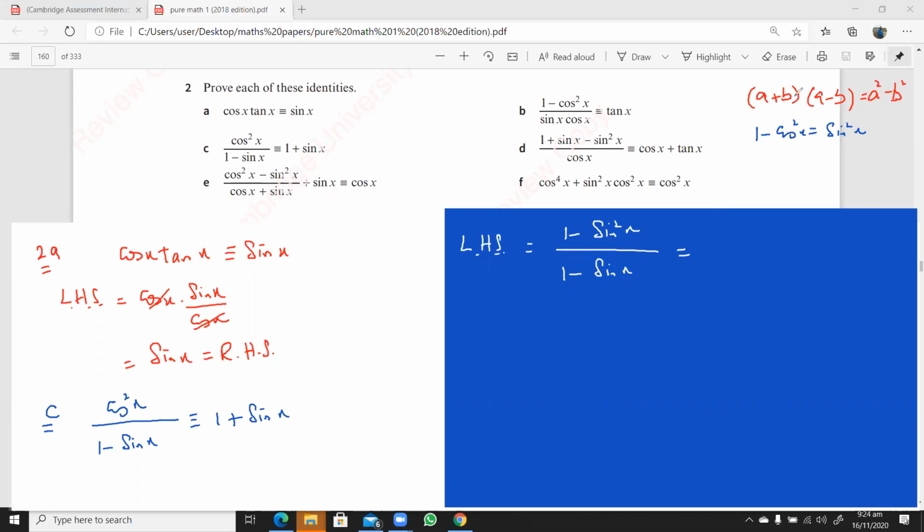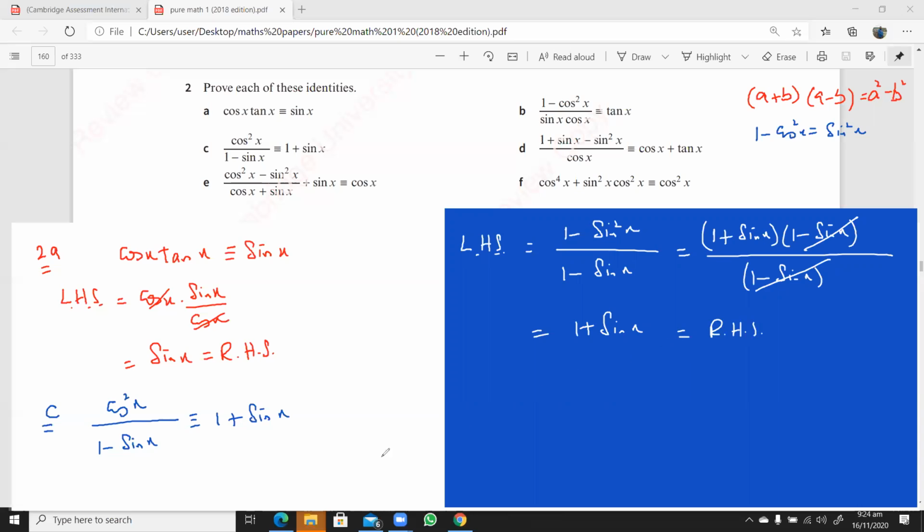And then using this identity, a plus b into a minus b, that is a square minus b square, I should be allowed to write it as 1 plus sin x into 1 minus sin x whole over 1 minus sin x. So you see that these are cancelled. So you're left with 1 plus sin x. That is your right hand side.